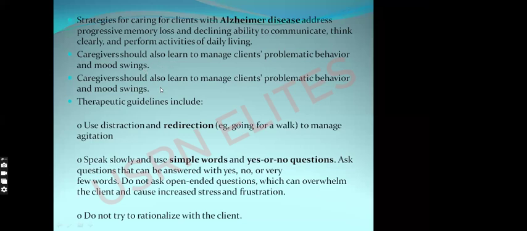So some of the therapeutic guidelines that we can use are, one, use distraction and redirection.